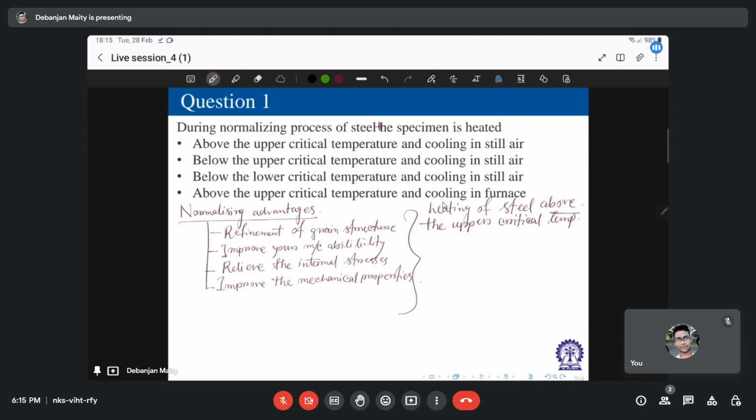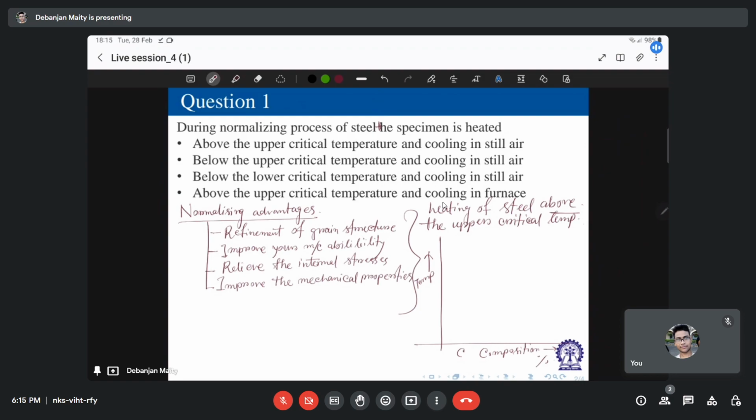If you have this phase diagram, this axis is composition, basically carbon composition, and across the y-axis is temperature.